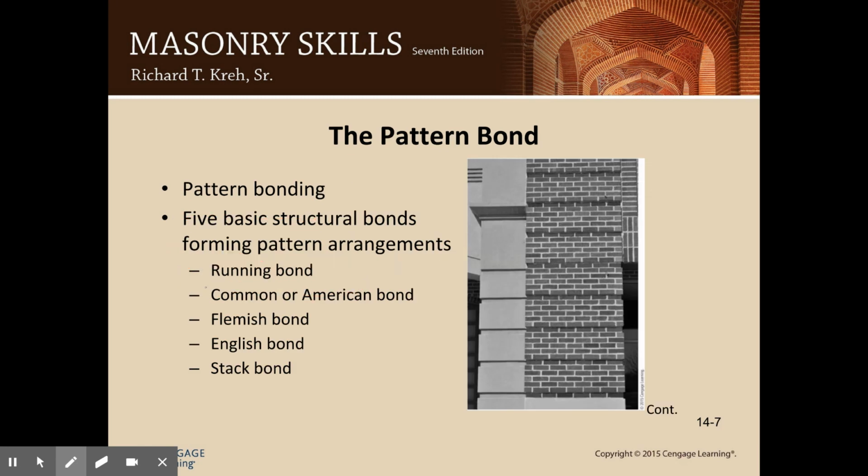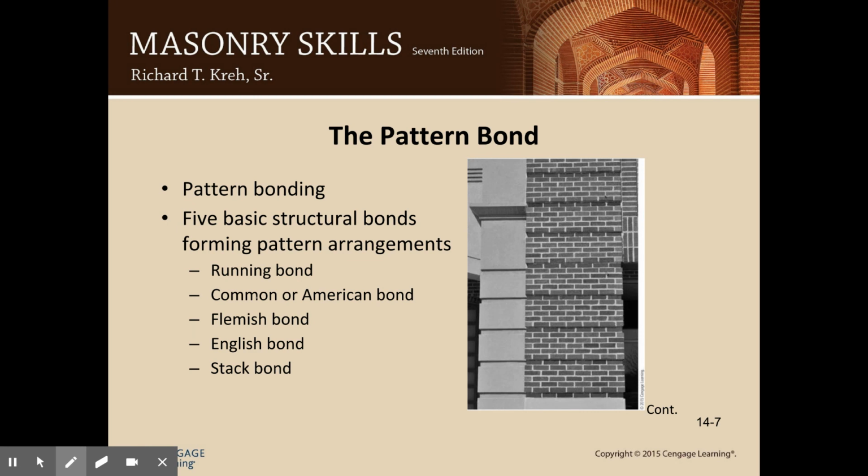So, different types of patterns. Pattern is another type of bond that you can have. The first one that we're going to talk about is the running bond. If you look at some of the walls that you see, just walk around and you'll be able to see different houses, some different buildings, like in the picture here.